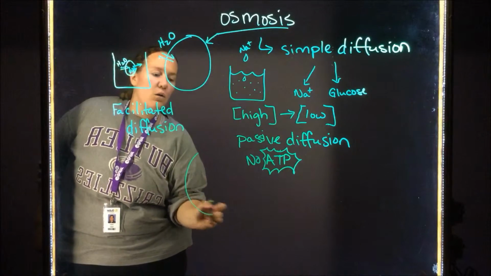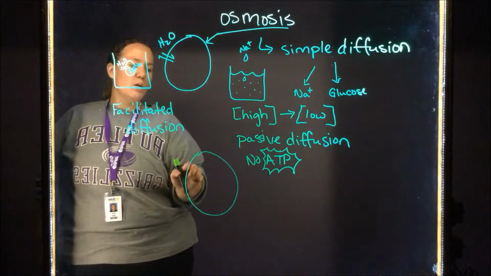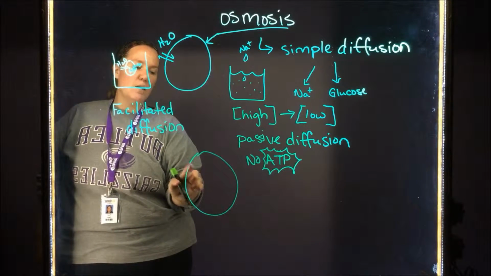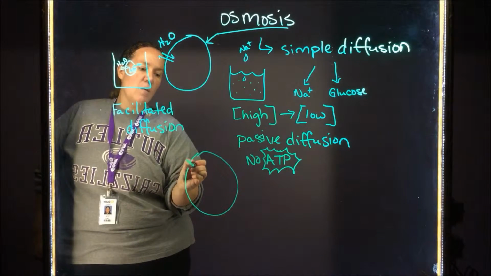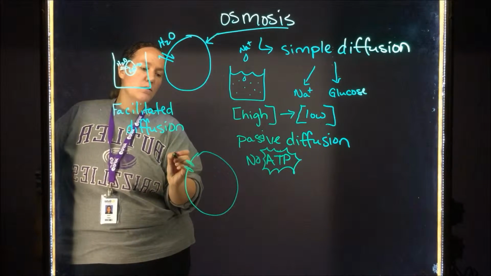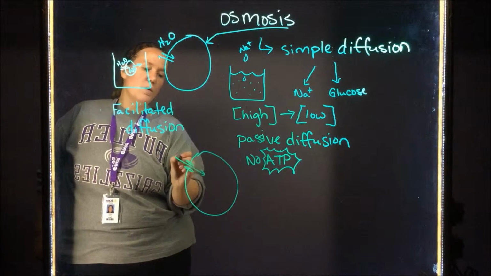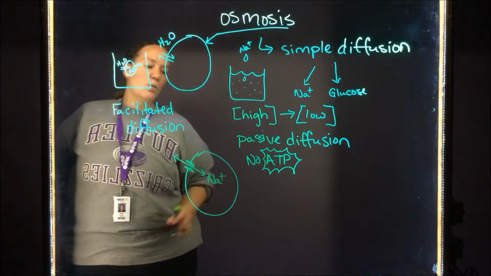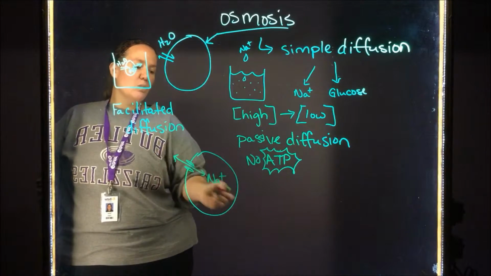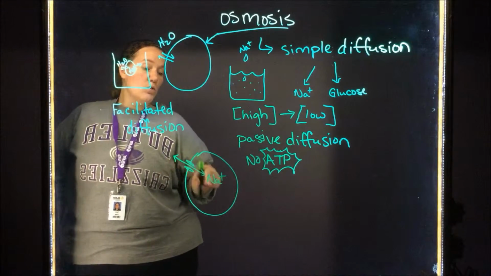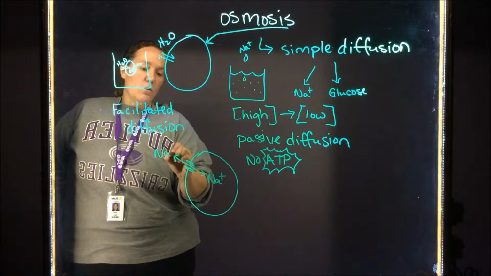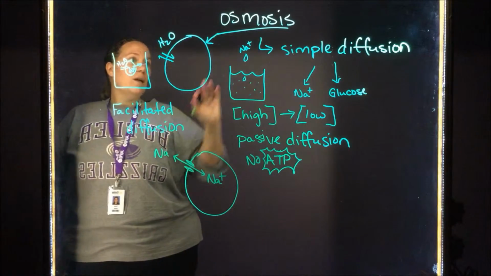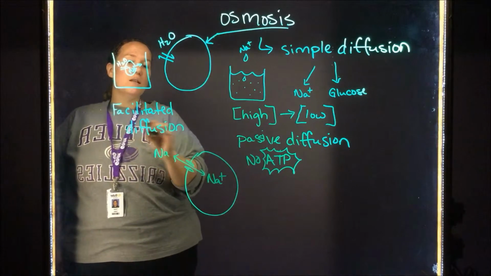So now we're gonna blow this up, we're gonna put a protein channel in there, and what's gonna happen is it allows the channel to open up and transfer ions. So these could be sodium molecules that now can move out, or move in. So that changes it from being osmosis to being facilitated diffusion.